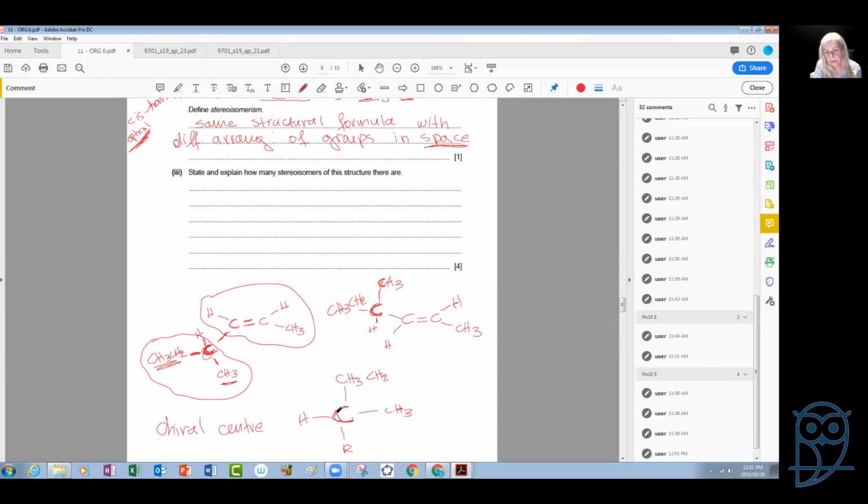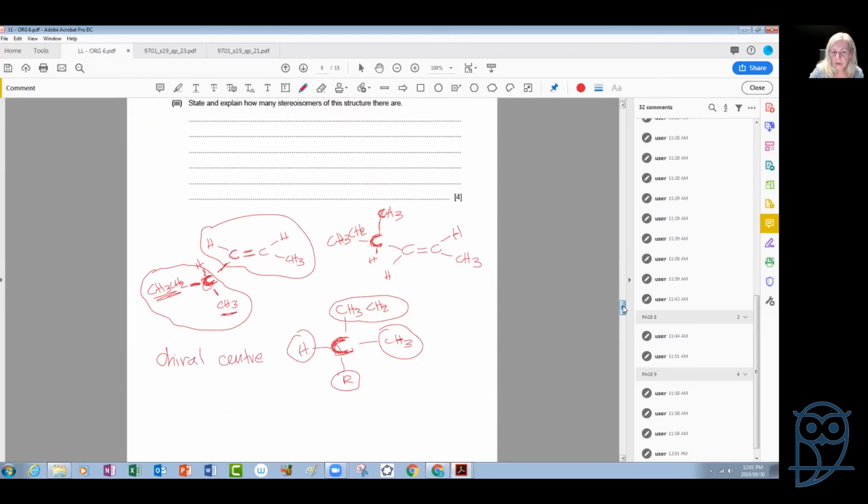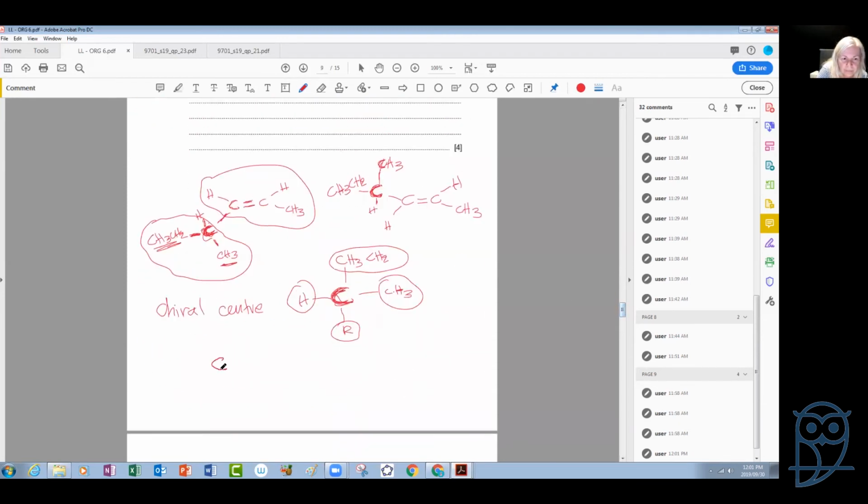So you see, each of these four bonds that the carbon can form is something very different. Each of these substituent groups is different. Therefore, this carbon is chiral. Whenever we have a chiral carbon, it can form two optical isomers, because these four bonds form a tetrahedral structure.